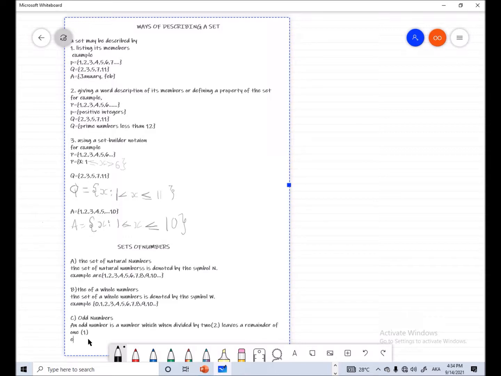Examples. Can you list them? Yes. We can have minus 15, minus 13, any number, but let us use from minus 5 so that it will be simple.